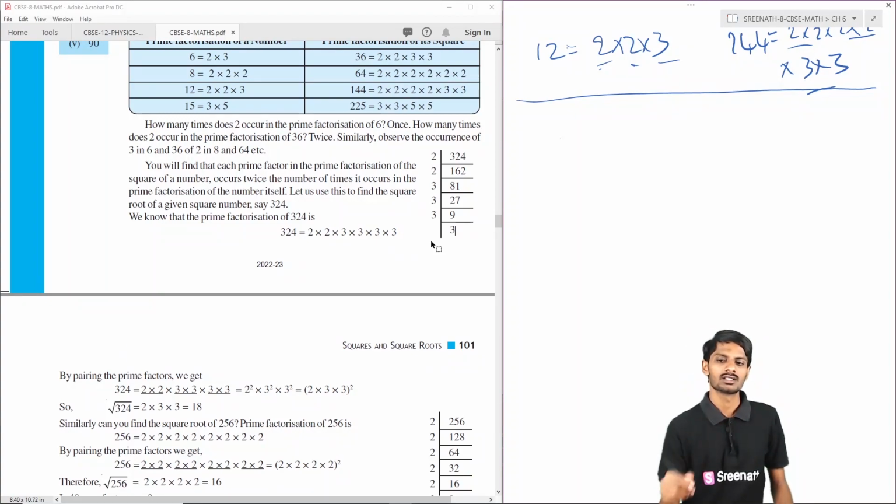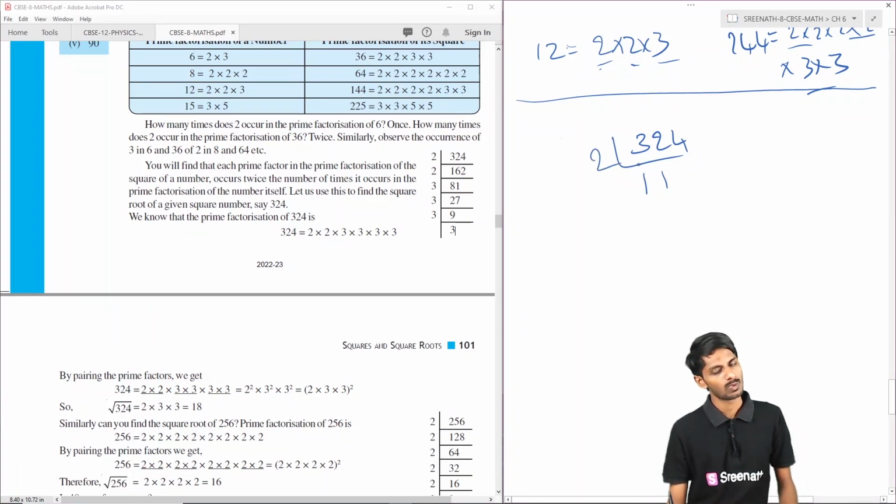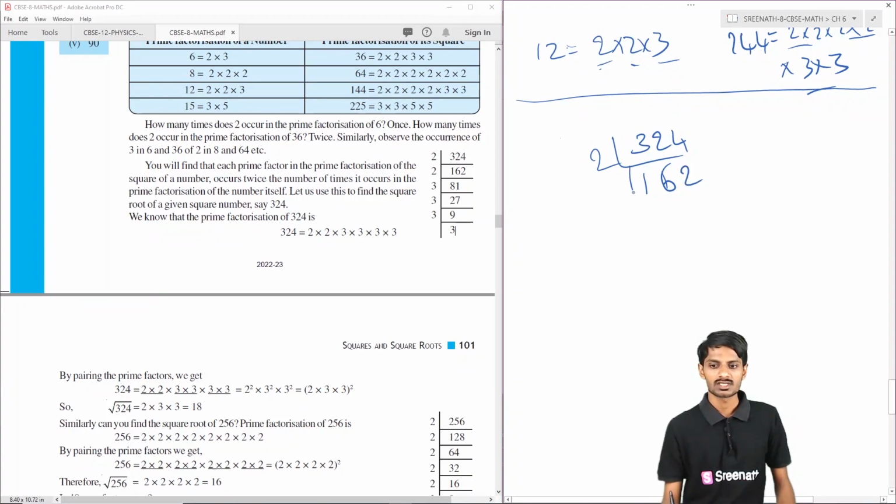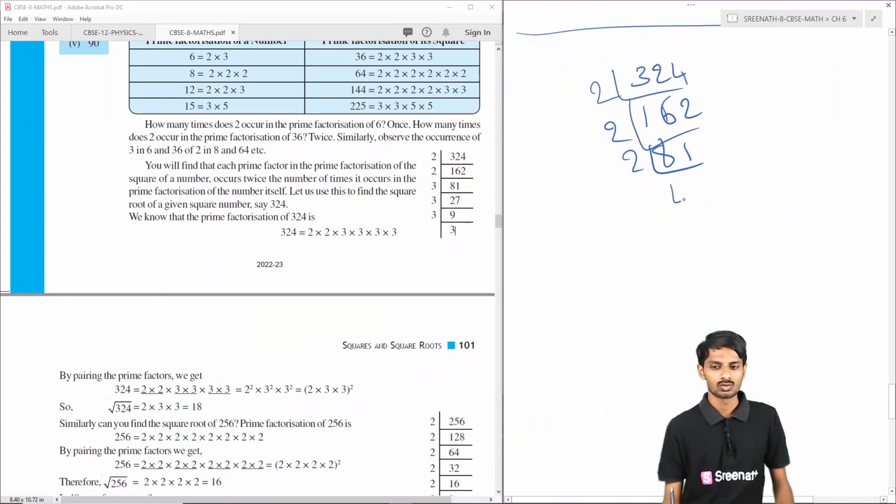Okay students, for that first we have to find the prime factors. 324 divided by 2 is 162, divided by 2 is 81. Then 4 twos are 8, but it is not divisible, so we have to shift to 3. 81 divided by 3 is 27, again by 3 is 9, and again 3 times.